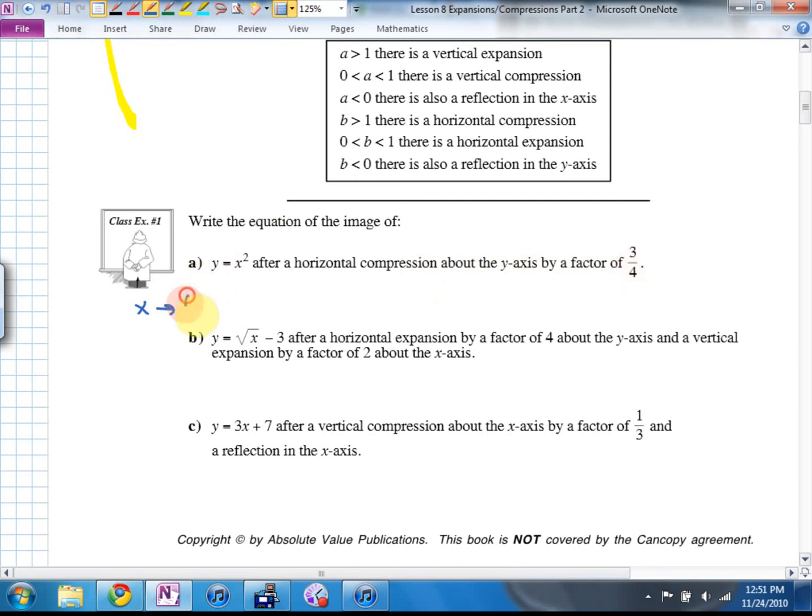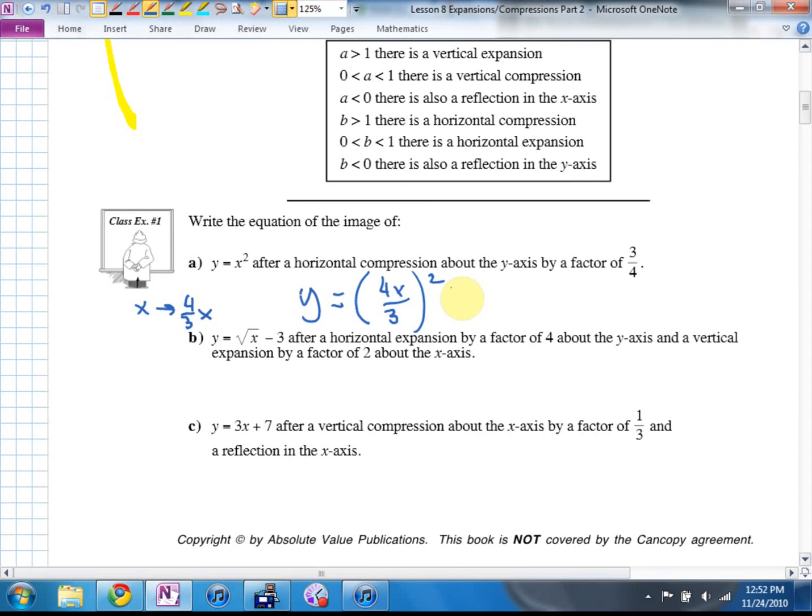Right? So the equation is going to look like this. y equals (4x over 3) squared. Although, Sally, they would probably go, hey, what is 4 squared? 16, what is 3 squared? 9. They'd probably write 16x squared over 9. But I prefer that myself.